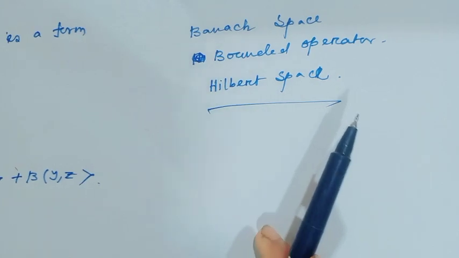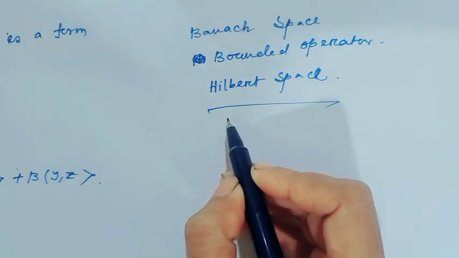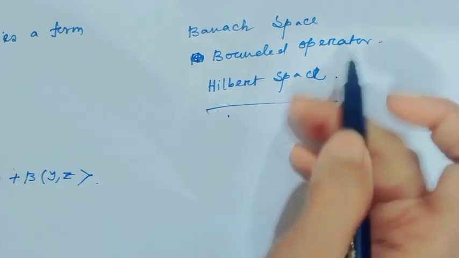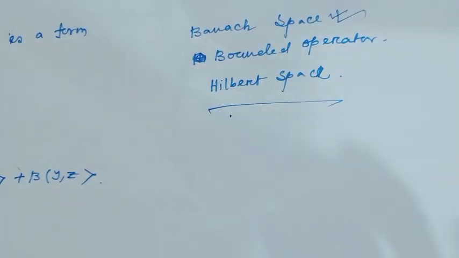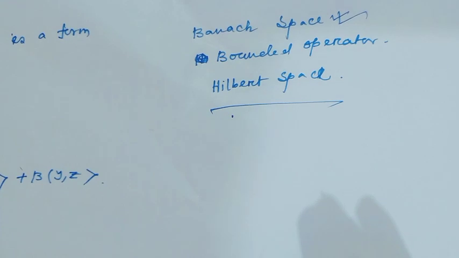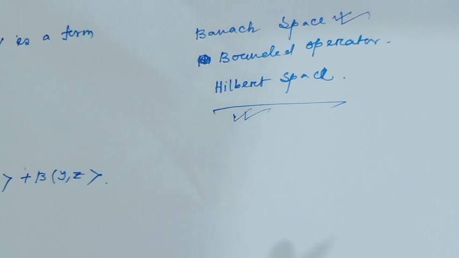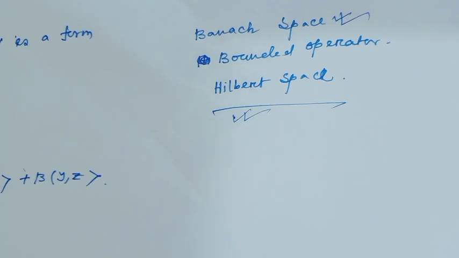And a Hilbert space is actually a complete inner product space, just like a Banach space. Here it is a complete normed linear space, and here a complete inner product space.